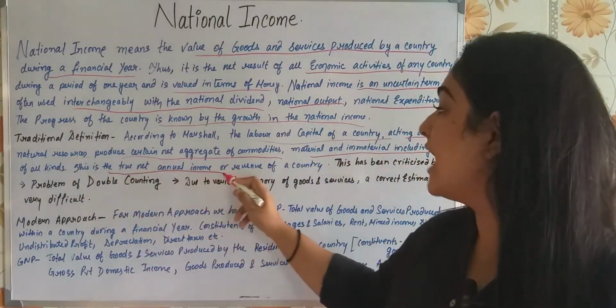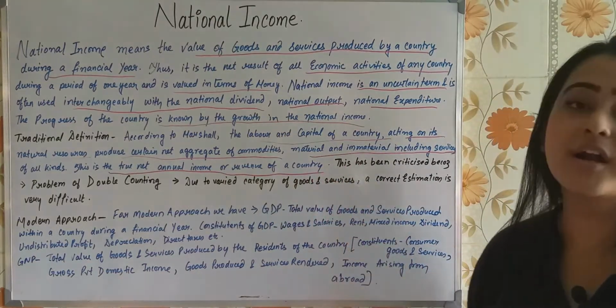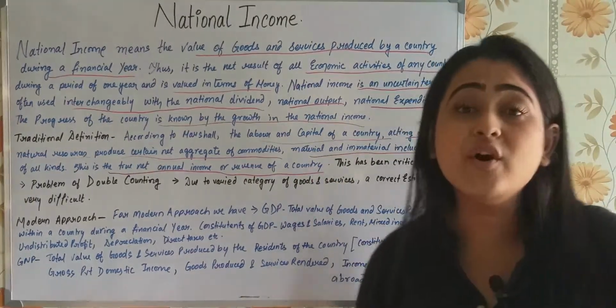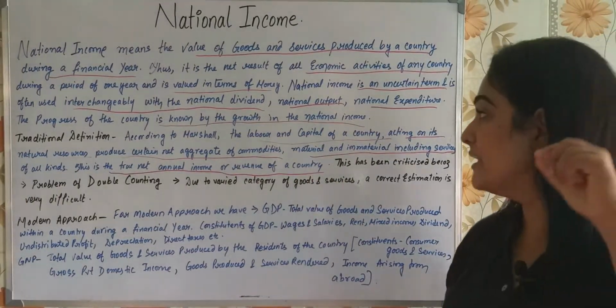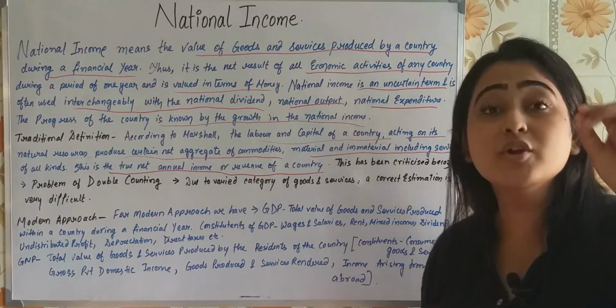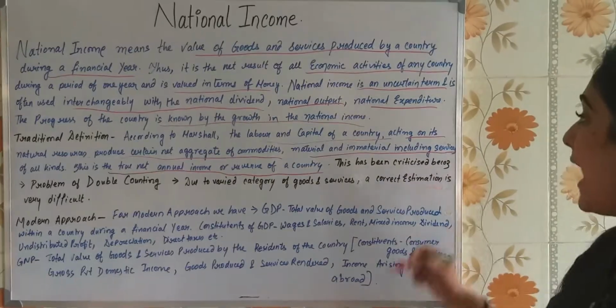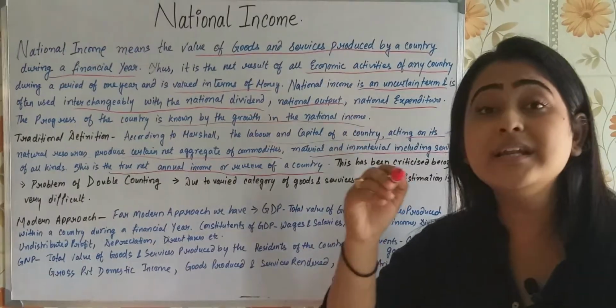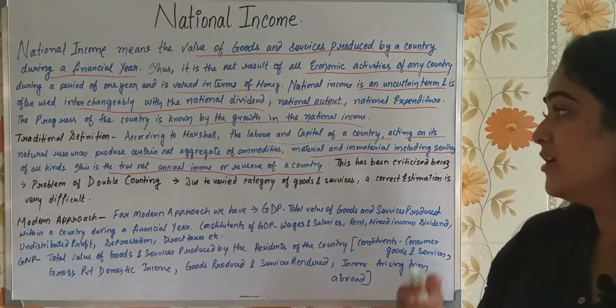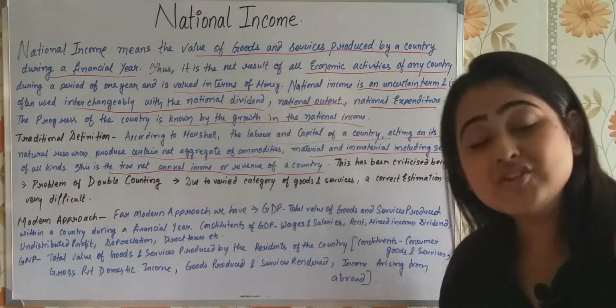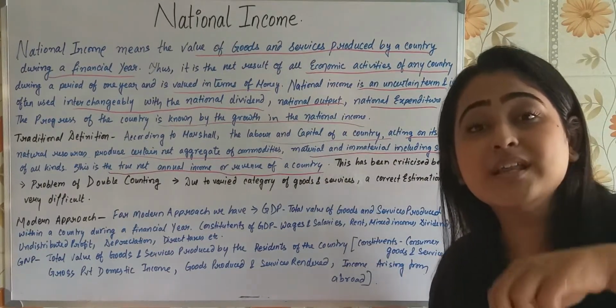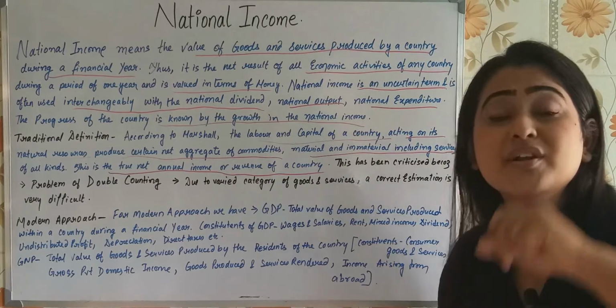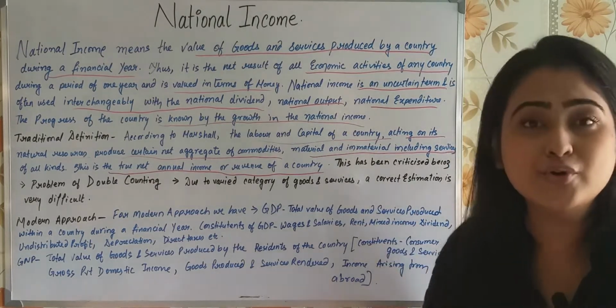This is the true net annual income or revenue of a country. So whatever the labor and the capital of a country is produced, acting on its natural resources, produce certain net aggregate of commodities. So using natural resources, the labor and the capital is producing some output.